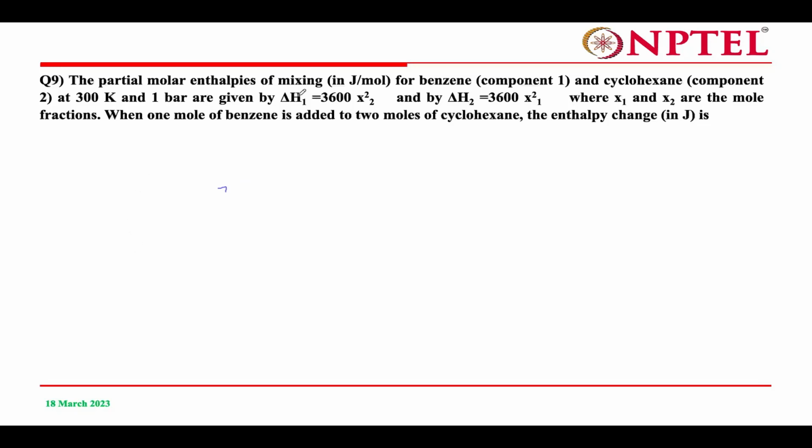Question 9. The partial molar enthalpy of mixing in joule per mole for benzene, component 1, and cyclohexane, component 2, at 300 Kelvin and 1 bar is given by delta H1 equal to 3600 x2 square and delta H2 equal to 3600 x1 square, where x1 and x2 are the mole fractions. When 1 mole of benzene is added to 2 moles of cyclohexane, we have to calculate the enthalpy change.